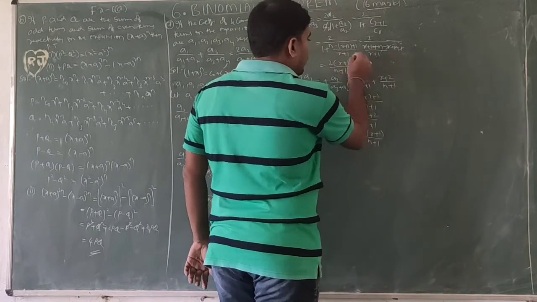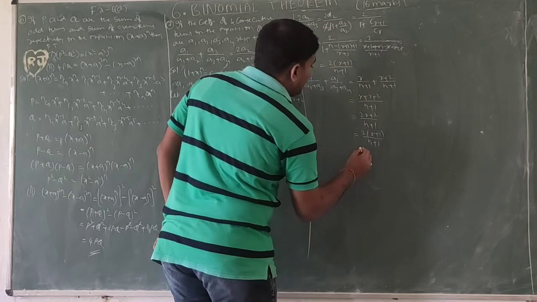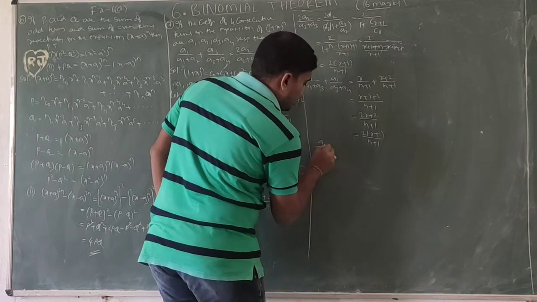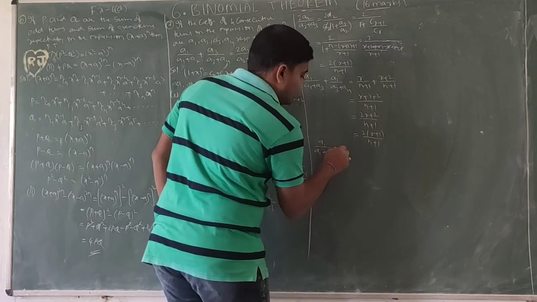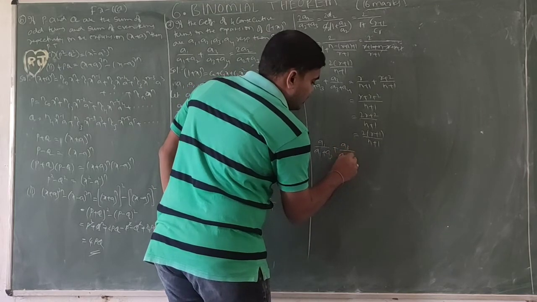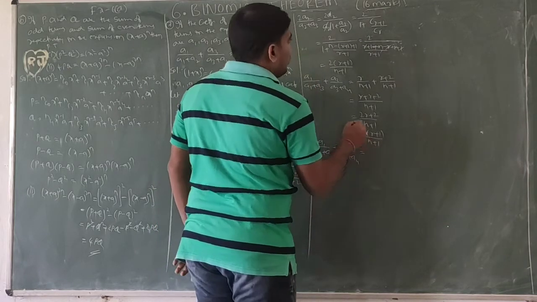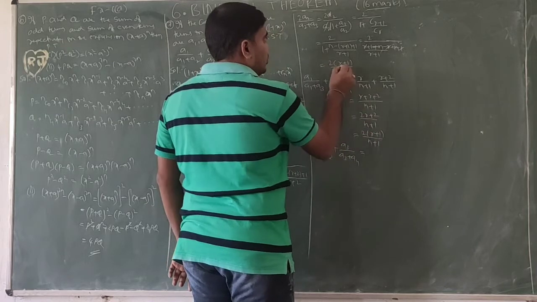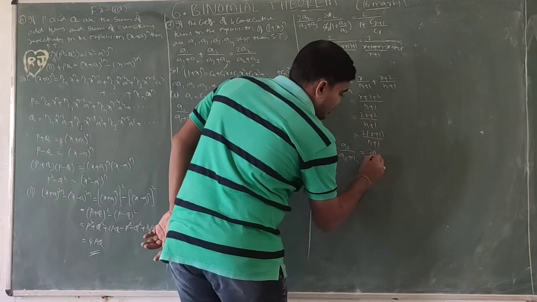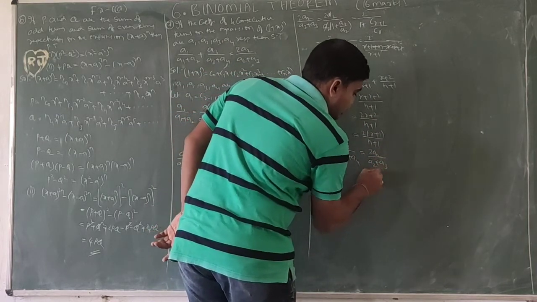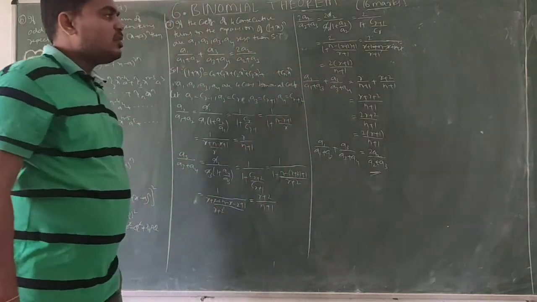So this is equal to 2 of r plus 1 by n plus 1, equal to 2a2 by a2 plus a3. So a1 by a1 plus a3 plus a3 by a3 plus a4 equals 2a2 by a2 plus a3. So this is the required solution.